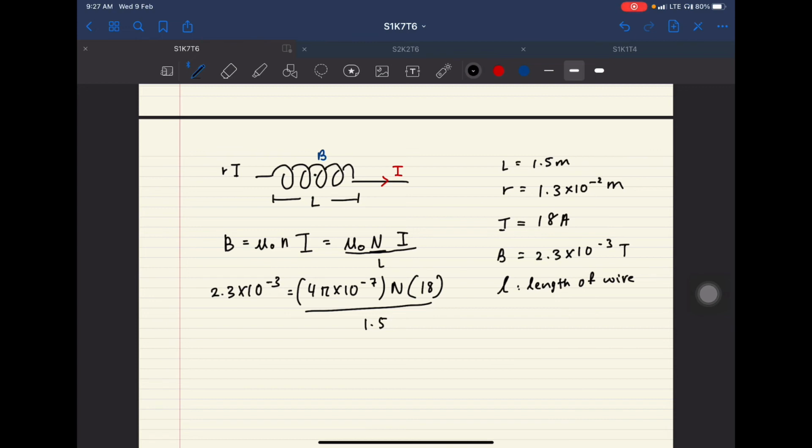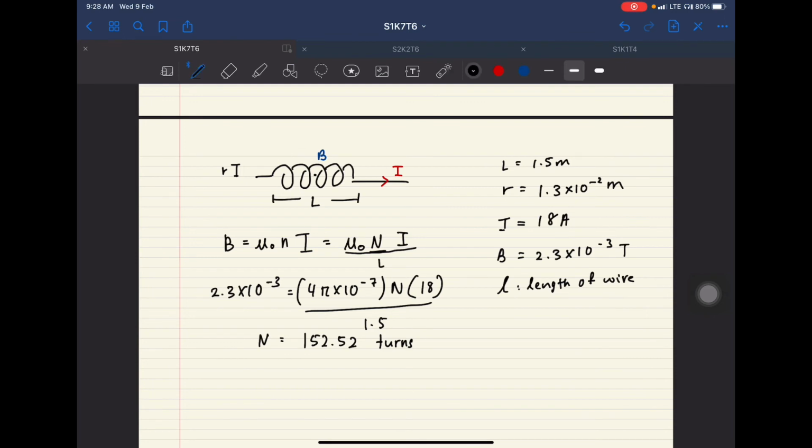I got here 152.52. So that means I have 152.5 circles. Each of the circles requires how much wire?